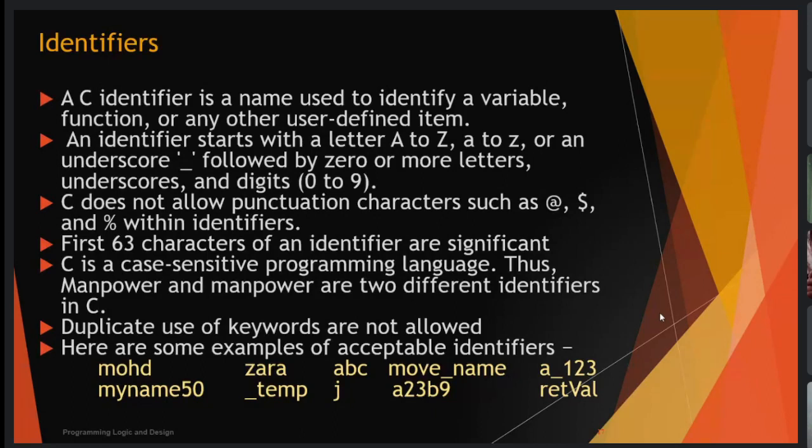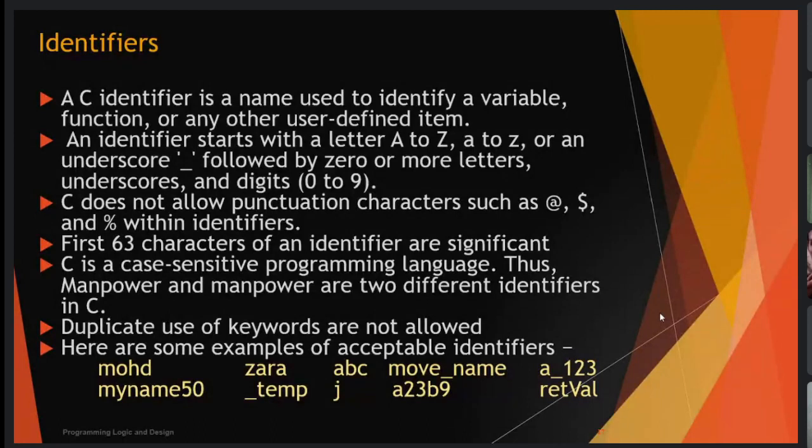Okay? So after starting with a letter or underscore, it could be followed by numbers or more letters. Okay? So dili pwede you start your identifier with a number. Okay? Always na siya mag-start with a letter or pwede pod underscore.